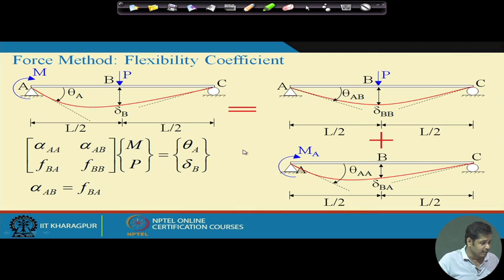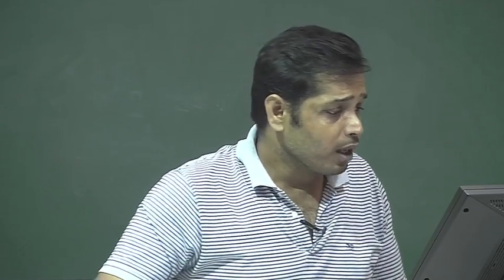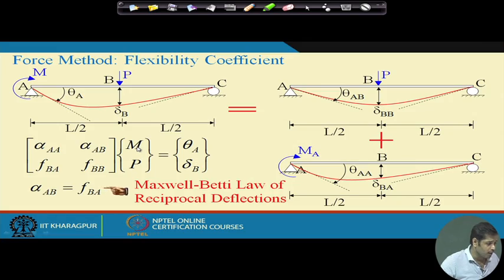What exactly is this? This is the Maxwell-Betti law of reciprocal deflection. We already discussed this reciprocal theorem when we were discussing the virtual work principle. If you put m equal to 1 and p equal to 1, alpha AB is essentially the rotation theta A due to p, and F BA gives you the displacement at B due to applied moment m.